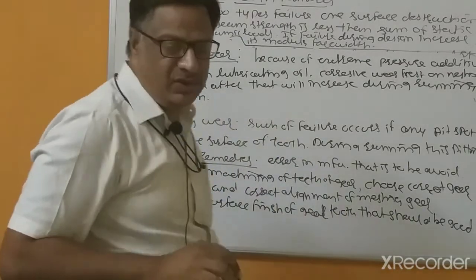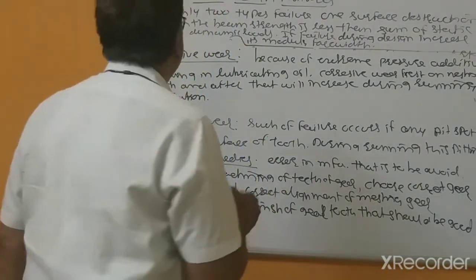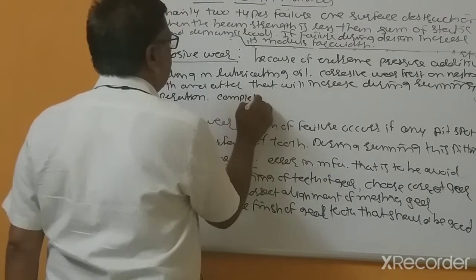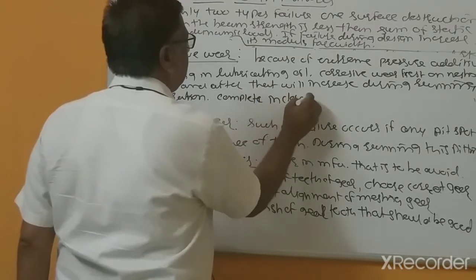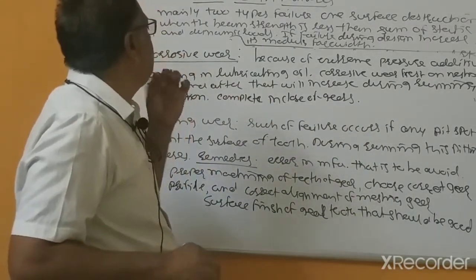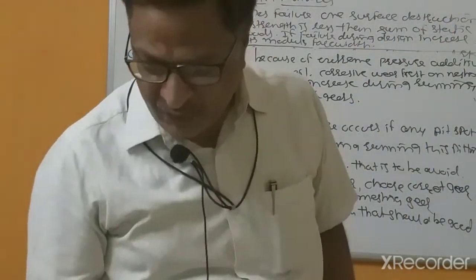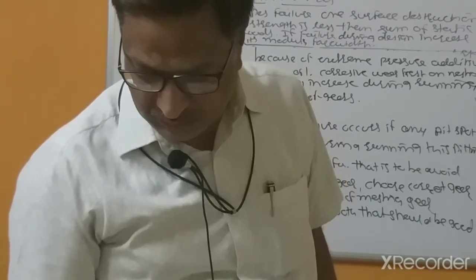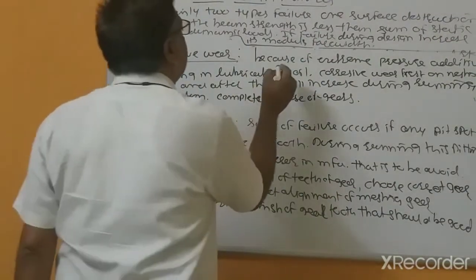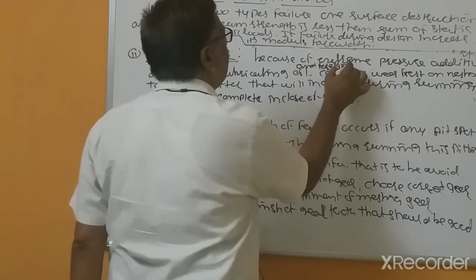So for avoiding corrosive wear, use complete enclosure of the gears. Complete enclosure of the gears means that the gears or pinions should be covered, protecting them from the lubricating oils and foreign particles.